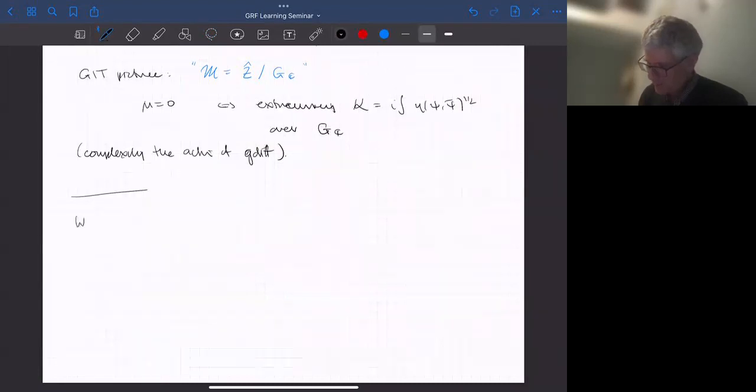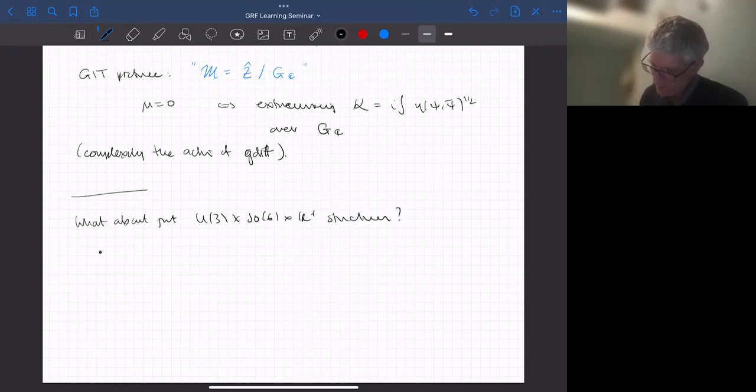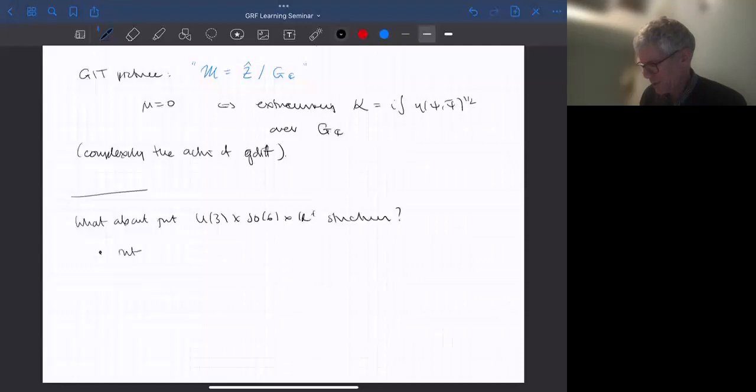So what about just U3 times SO6 times R plus structures? I told you there that the integrability just corresponded to the involutivity, which was the same as the pluriclosed condition.